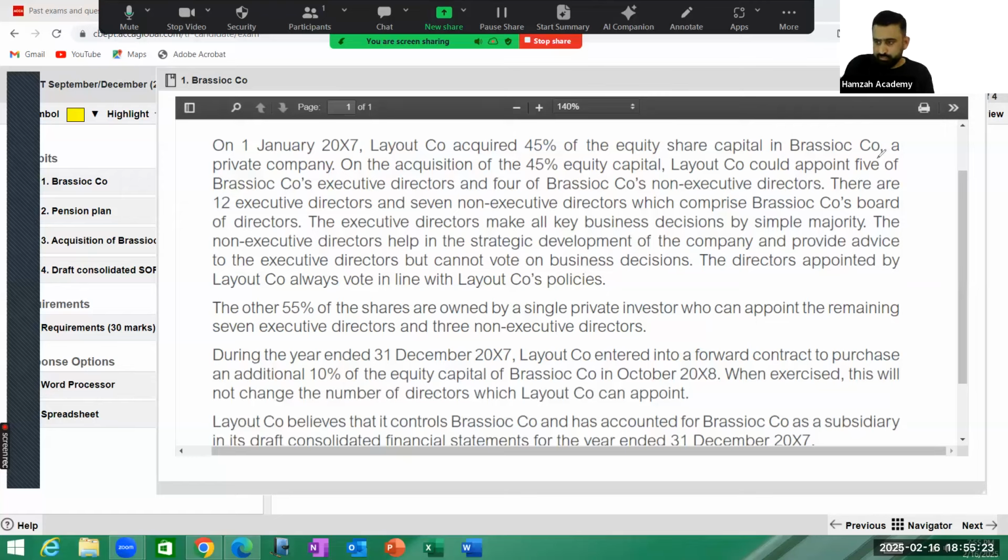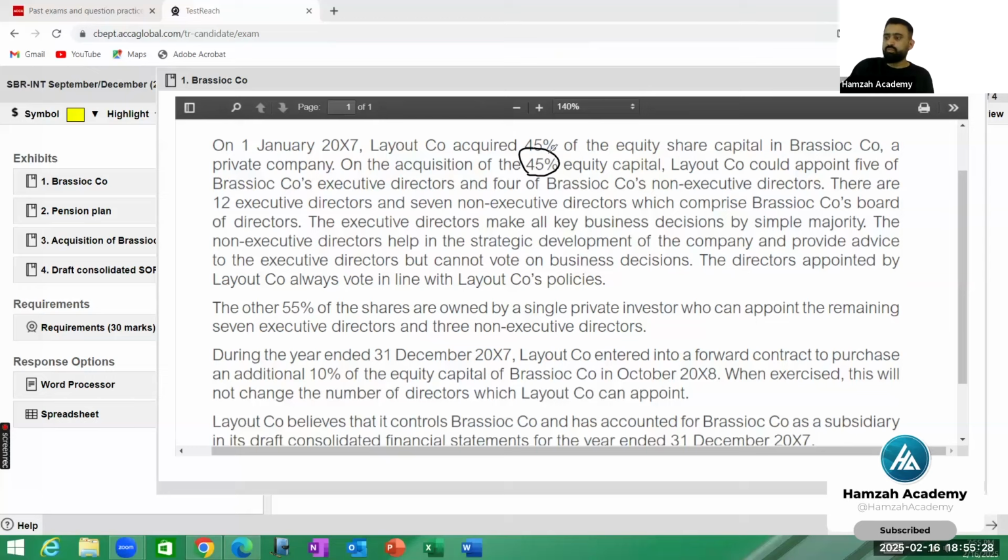On acquisition date, with the 45% of the equity capital, Layout company could appoint 5 of the B company executive directors and 4 of the B company non-executive directors. There are 12 executive directors and 7 non-executive directors, which comprise B company's board of directors.